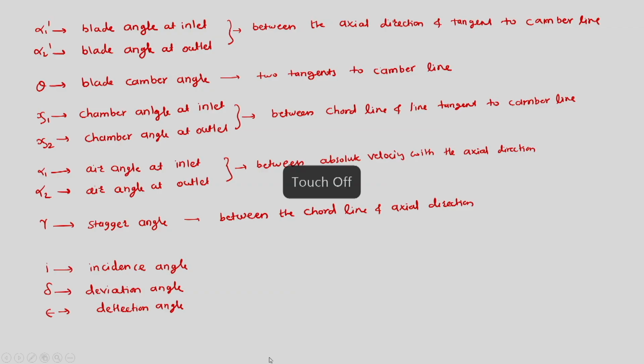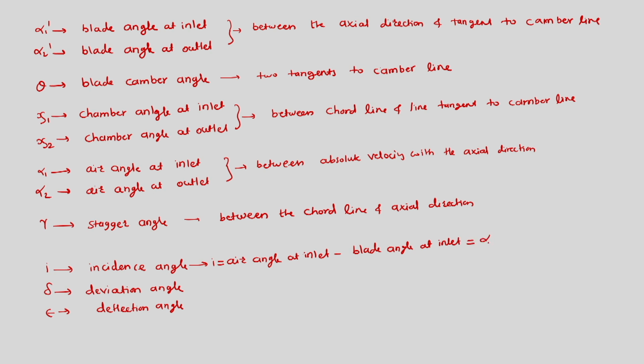Then we have new angles which are defined. The incidence angle i is defined as the air angle at inlet minus the blade angle at inlet. So, it is alpha 1 minus alpha 1 dash.